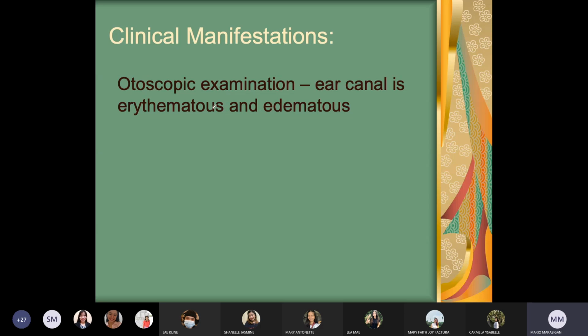So what to do in order to determine what is the problem? You need to do otoscope examinations. No? Look for the ear canal. Kaya lang, masakit siya, right? At susuotan mo siya ng speculum. So you need to take extra care. Okay? So ear canal is erythematous and edematous. Namumula na namamaga.